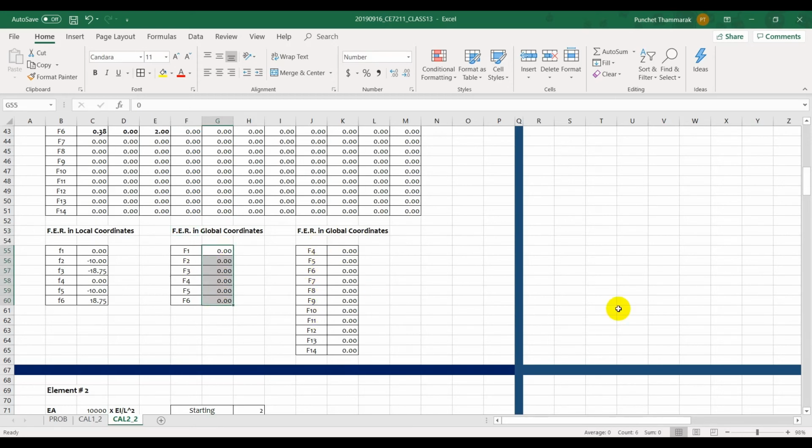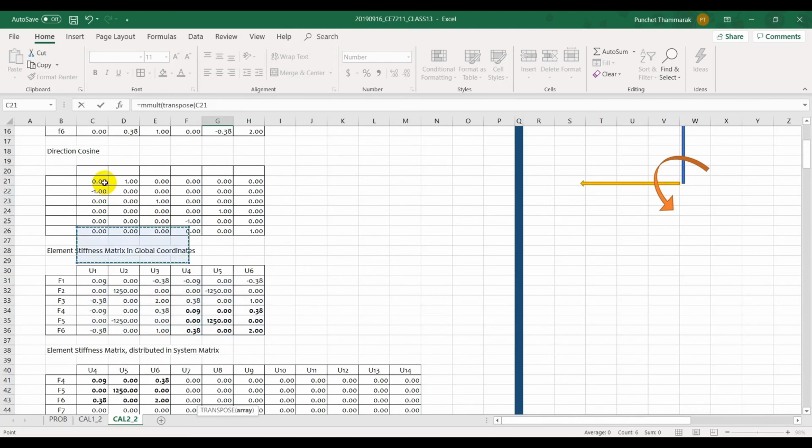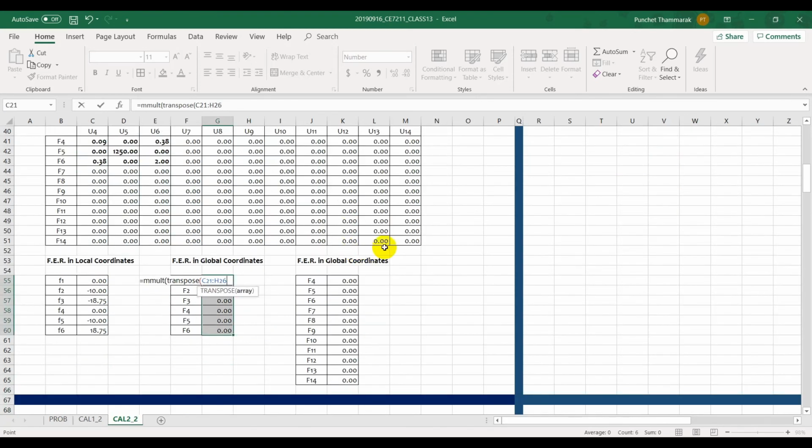This one is equal to the matrix multiplication of transpose of this, this, close the bracket, comma, if we are in local coordinates, Control Shift Enter.